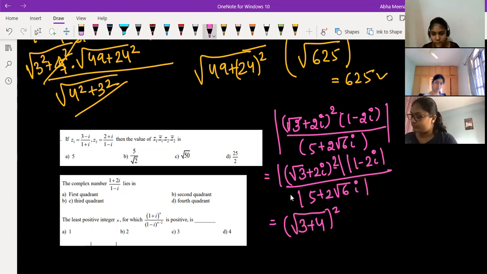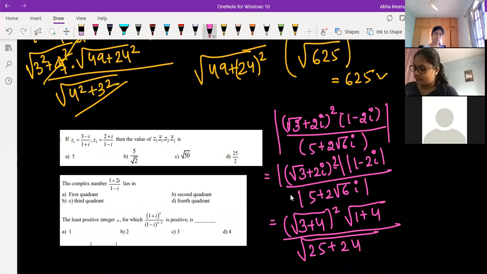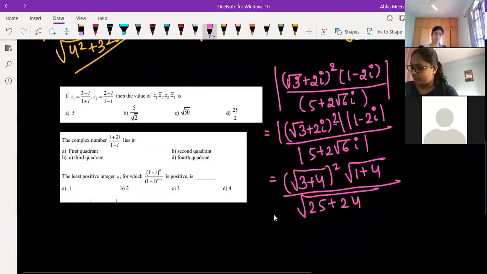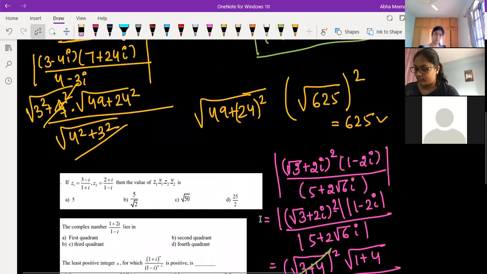And the modulus of the other is root of 1 plus 4 divided by root of 25 plus 24, which is root 49, that is 7. Again here we have root 7 whole square, so these two will be cancelled. So we will be left with root 5. So root 5 is the answer.